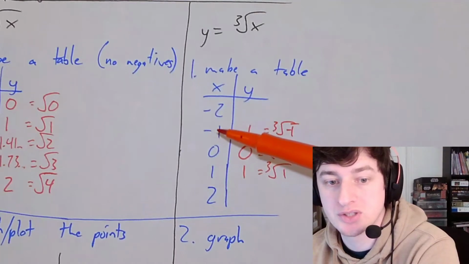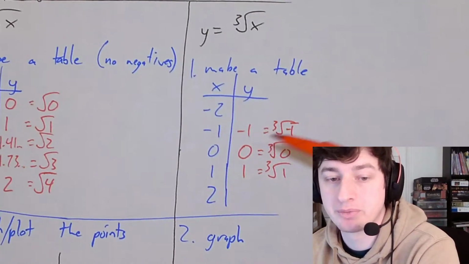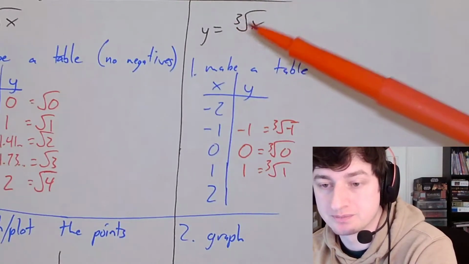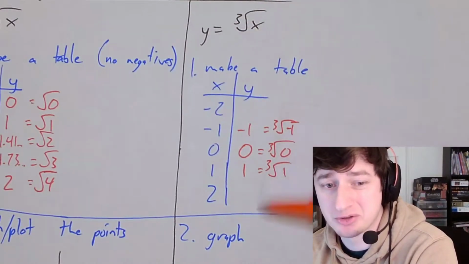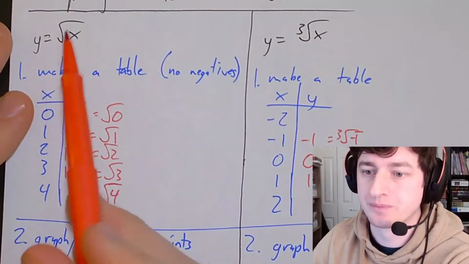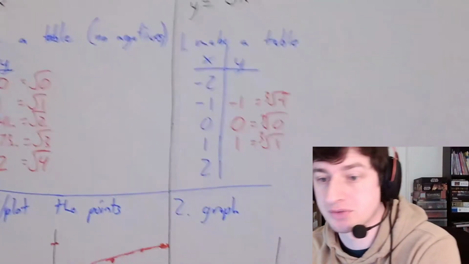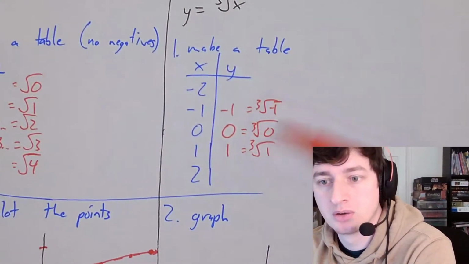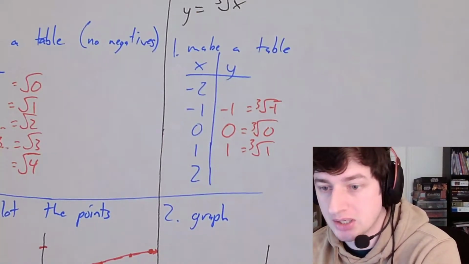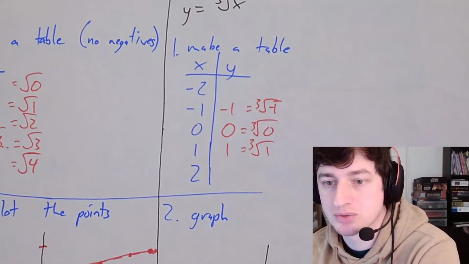We can put negative numbers in, we'll get negative numbers out. If you remember back before Thanksgiving, we said if we have an odd root here, we can get negative numbers. It's okay. If you have an even root, like a 2, you're going to get imaginary numbers if you do negatives. But with the odd root functions, if you multiply 3 negatives together, you get a negative, so this works.